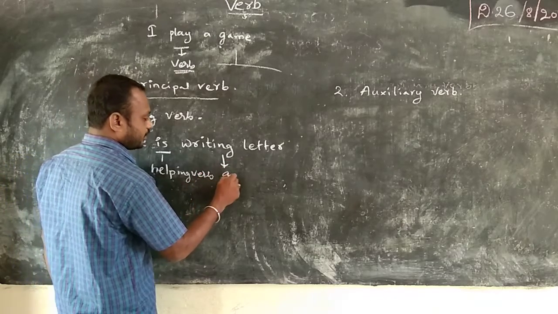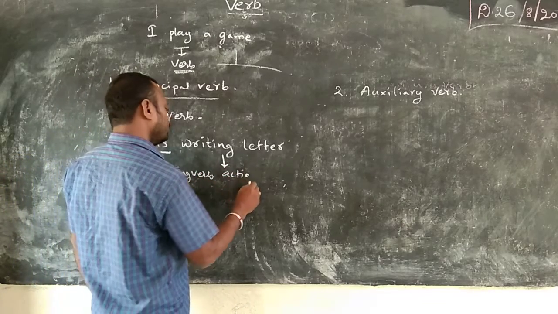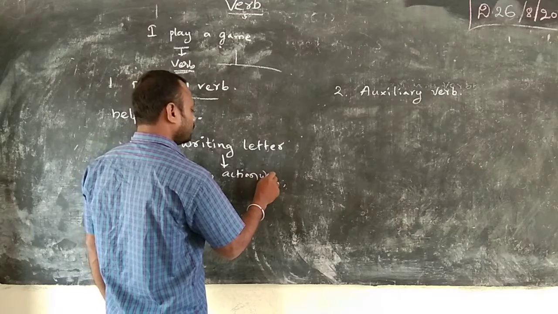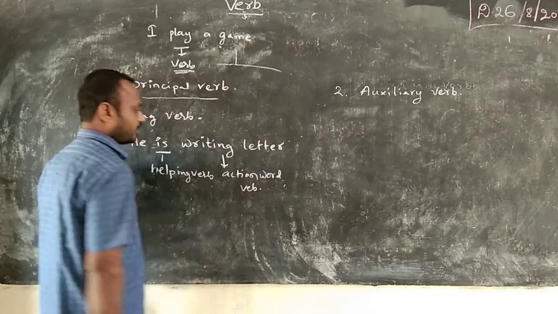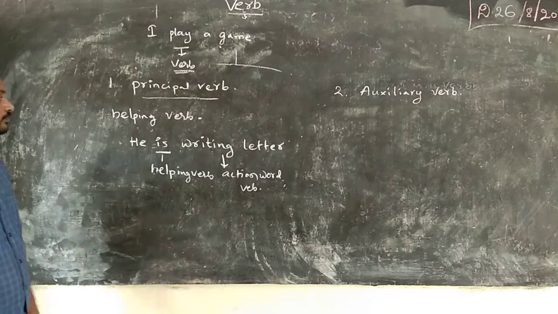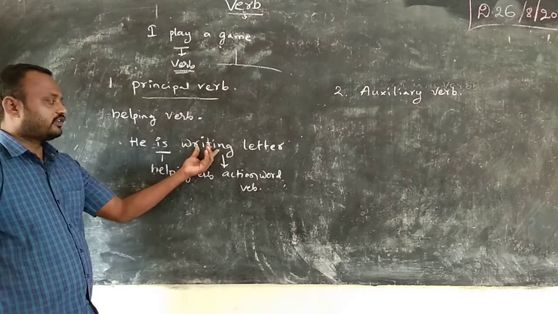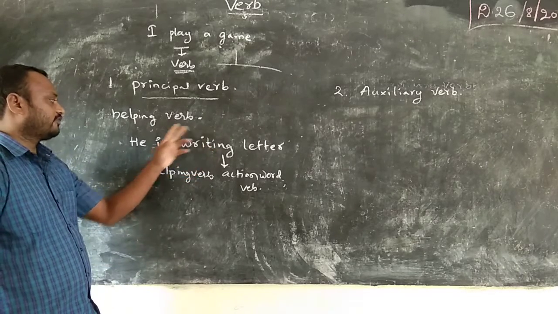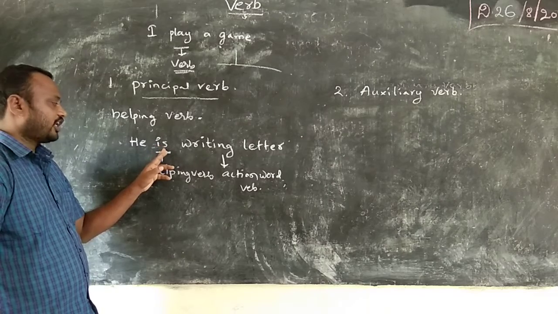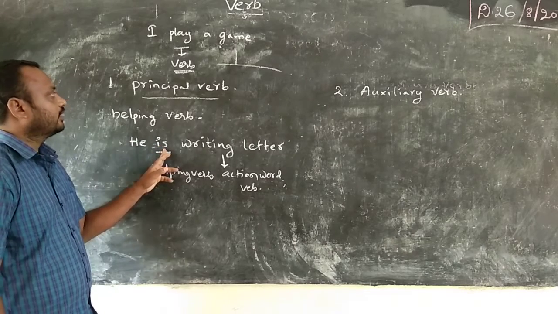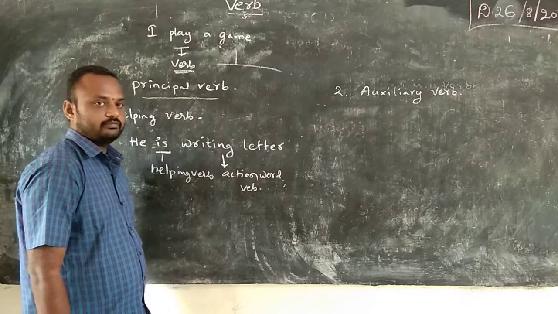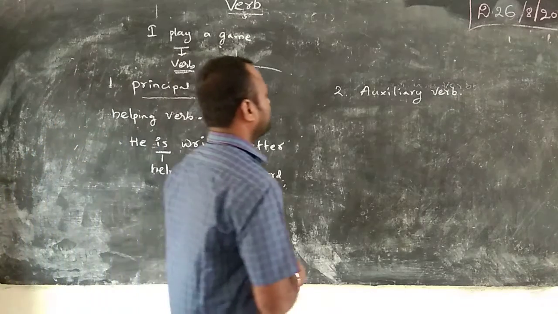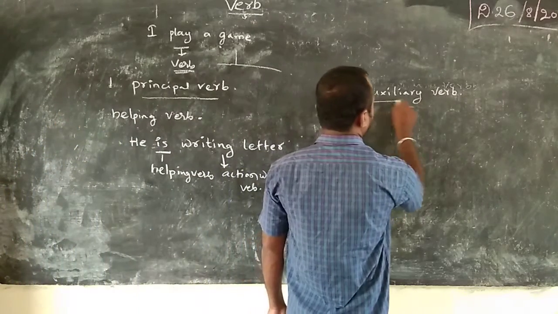The second one is the action word or verb. This action word or verb comes after the helping verb. This is the principal verb. The second type is the auxiliary verb.